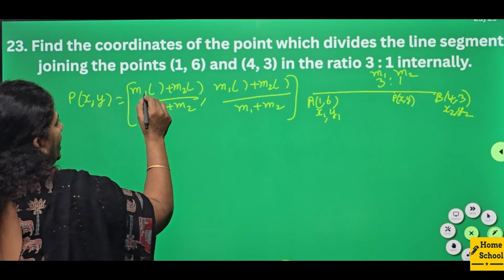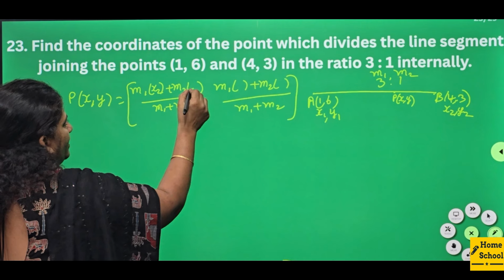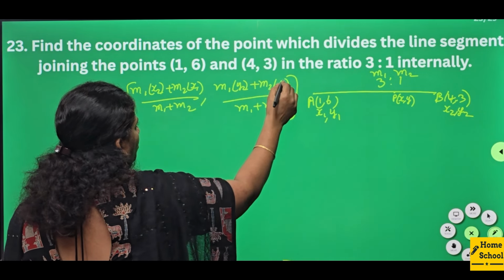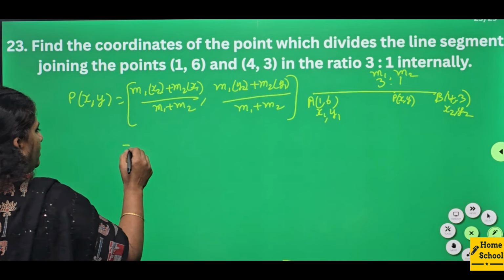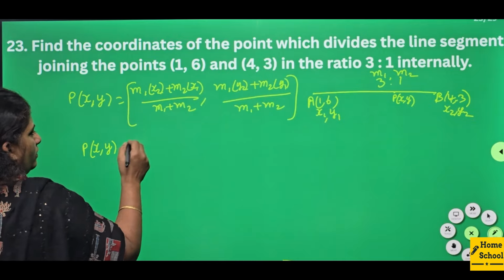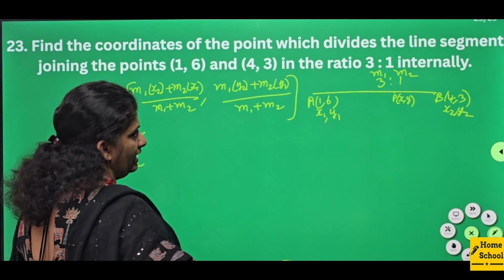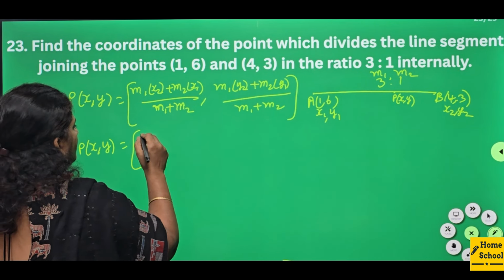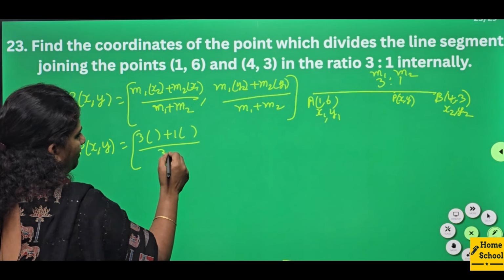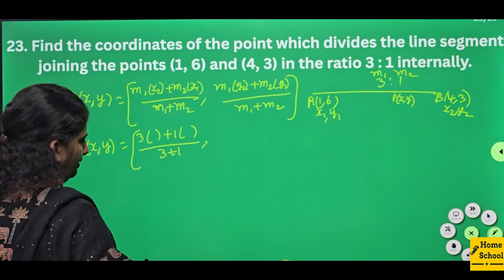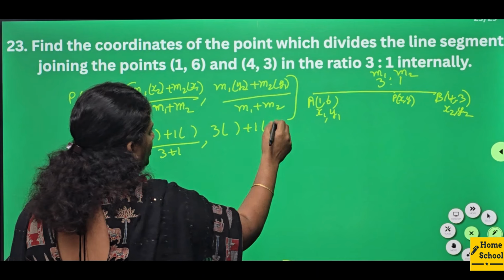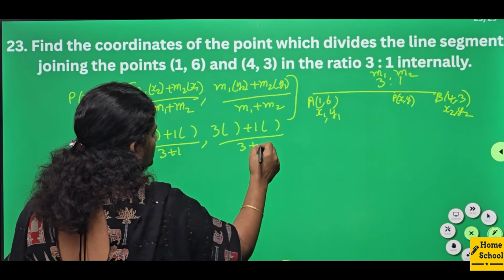So here you have taken x2 with m1 and here you have taken x1 with m2. In the same manner, y2, y1. Now substitute these values. m1 is 3, m2 is 1. (3 into 4 plus 1 into 1) by (3 plus 1), comma, (3 into 3 plus 1 into 6) by (3 plus 1).